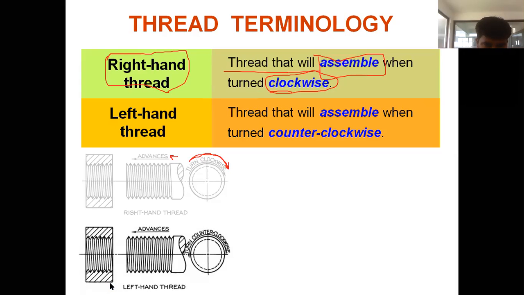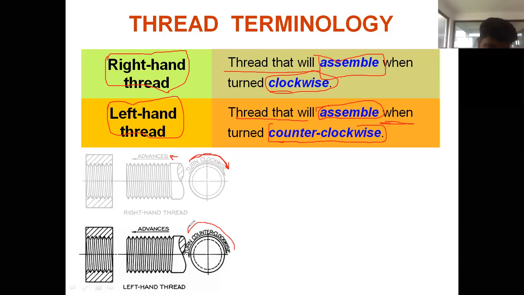So the left hand thread. The left hand thread is a thread that will assemble when turned counterclockwise or anti-clockwise. So left hand thread joining is going to assemble only when it turns anti-clockwise.